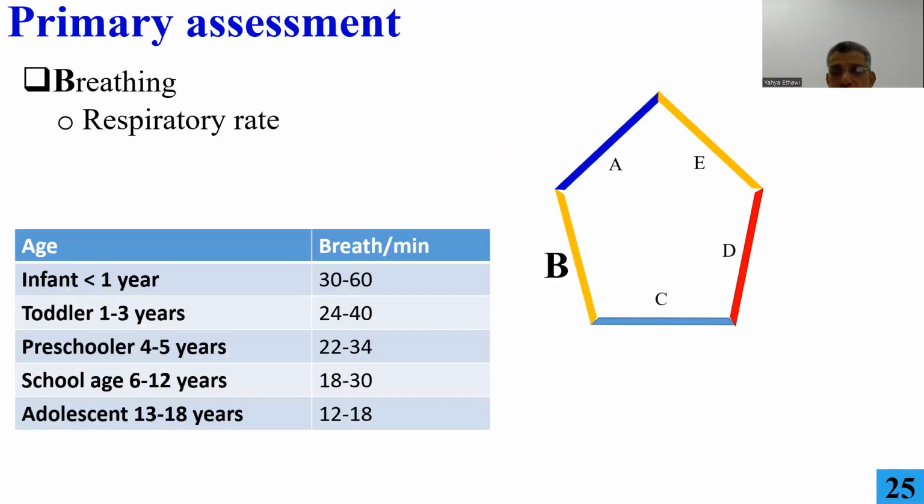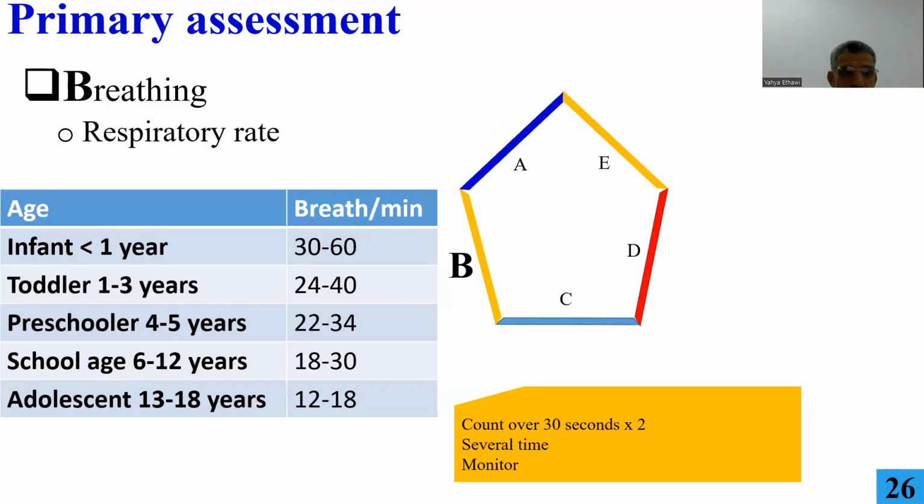So the first one in our evaluation is respiratory rate. You know that the younger you are, the faster you're breathing, and the older you are, the slower you're breathing. You don't need to memorize it, but we start from 60 and go down to 12, depending on the age.